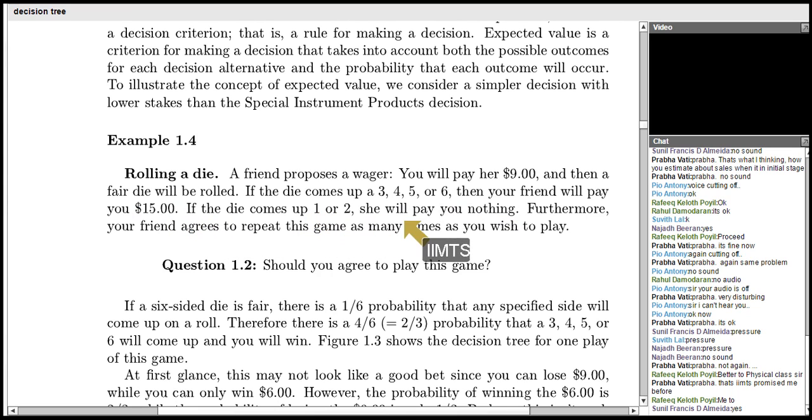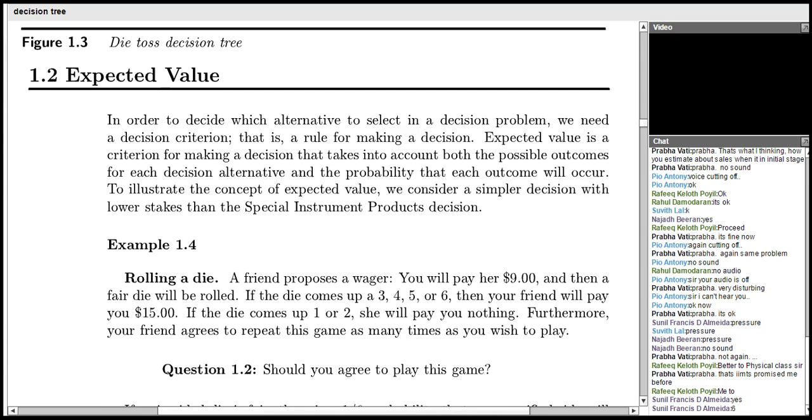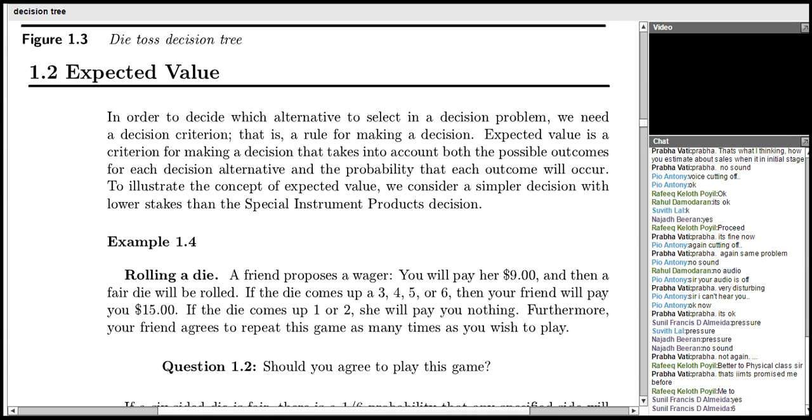If the die comes up 1 or 2, she will pay you nothing, so you lose your $9. But if you win, she's going to pay you $15. So how many dollars do you gain? It's going to be 15 minus 9.